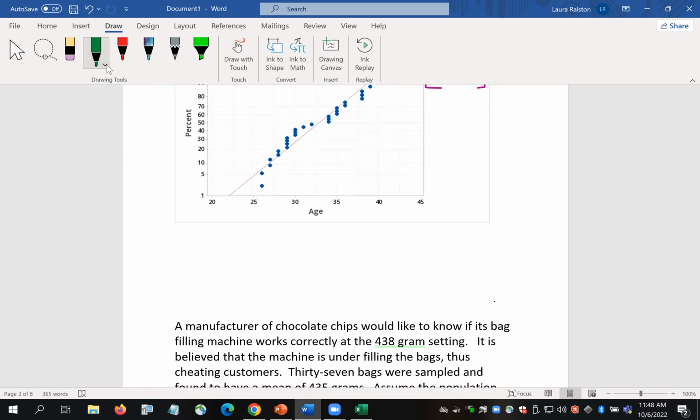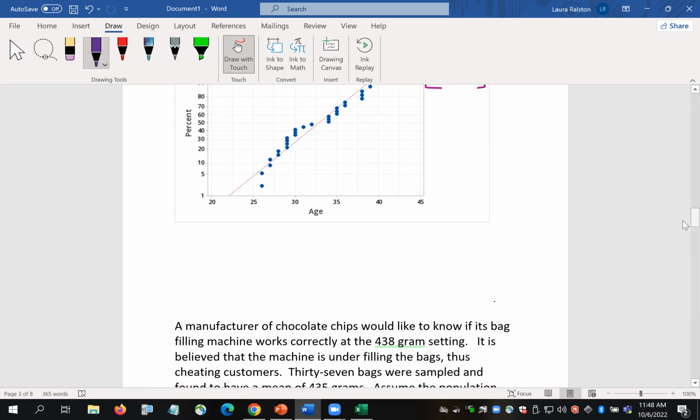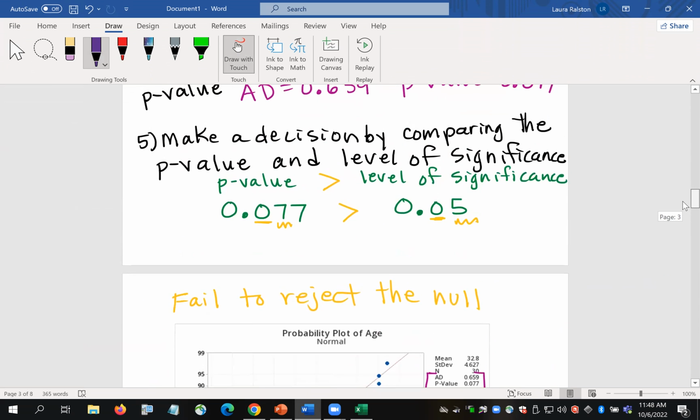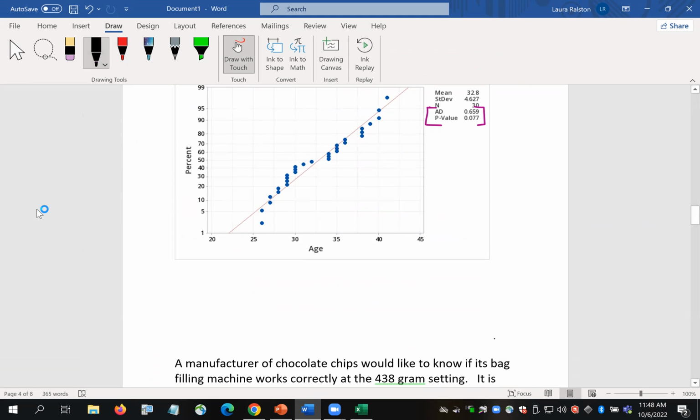And so my final conclusion, which is the last step, okay, let me make sure I don't change colors. The last step in the process is to write the conclusion.